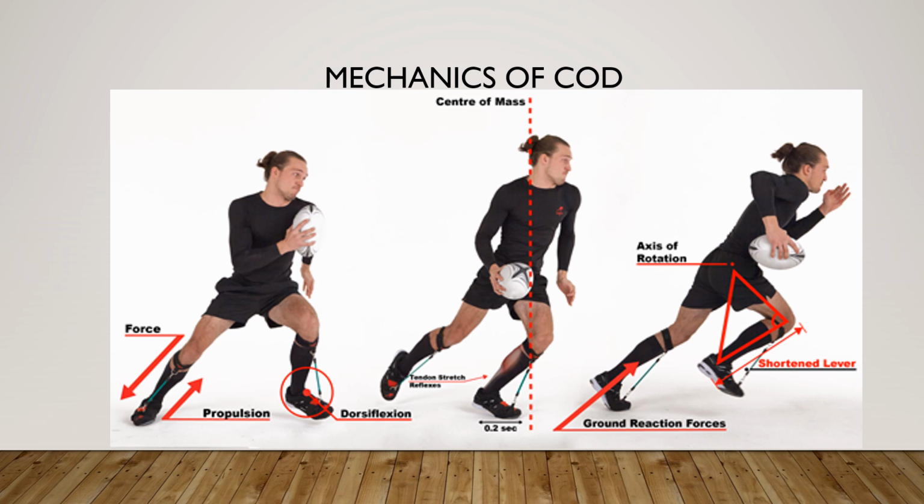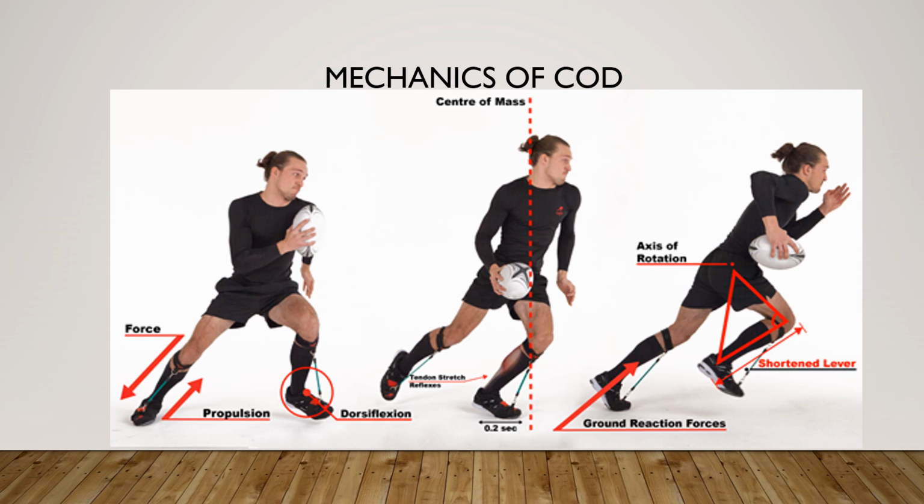We get a dorsiflexion in the opposite foot so that it's primed, ready for accelerating again. You can see as well we have our center of mass leaning outside our base and heading back towards the direction that we actually want to go in.